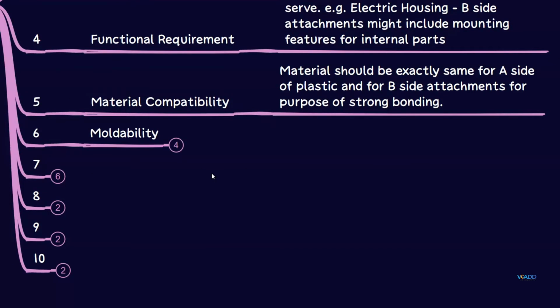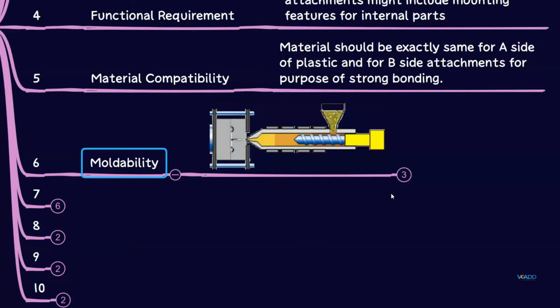Then moldability. So guys, in the CAD software you can create anything, but whatever features you have created should be moldable. The injection molding process is generally used for all plastic parts.